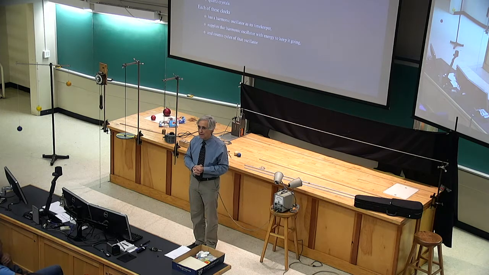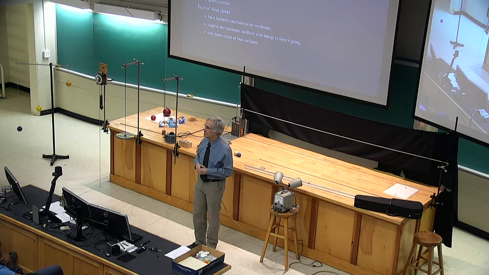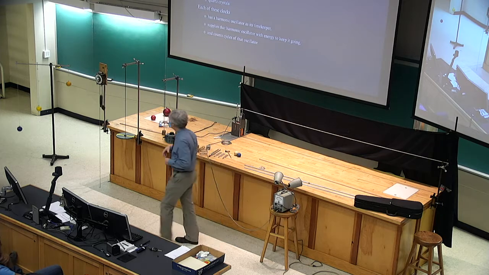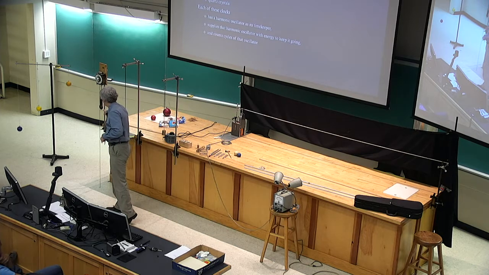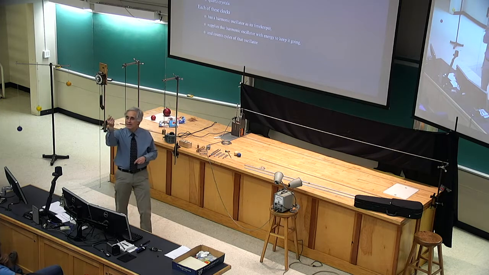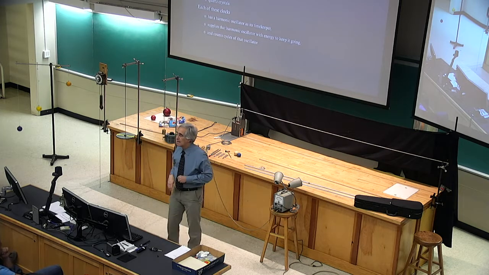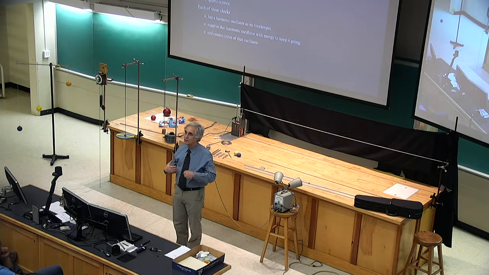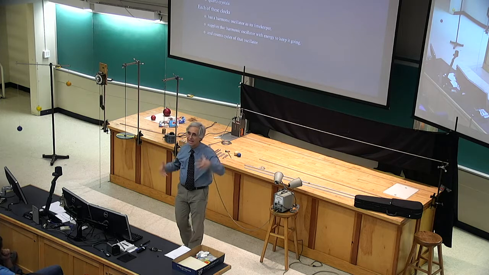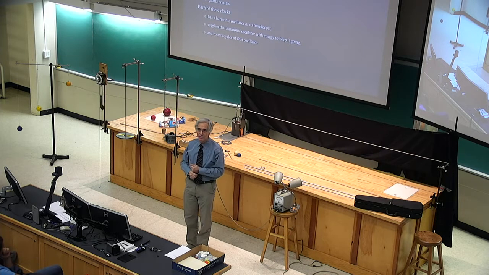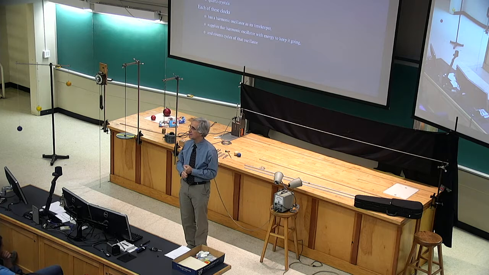What do you do? You lengthen the pendulum. How do you lengthen the pendulum? Most pendulum clocks have an adjustment in them. You can actually move a little piece. In my case, there's a little portion of mass, a nut basically on the end of a screw that I can move up and down. If my clock's running too fast because gravity's too strong, I just move the nut down and lengthen the pendulum, and it slows down. And now it doesn't run fast anymore. So that's the compensation. All right?